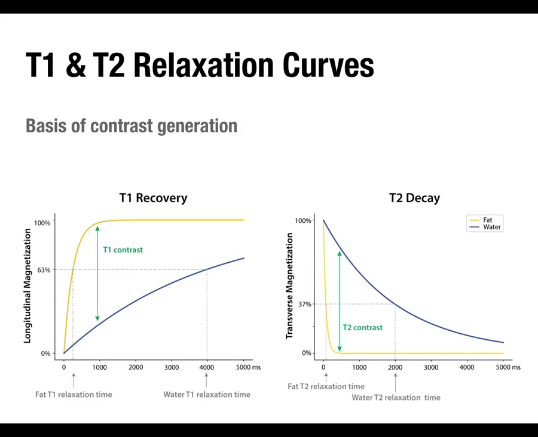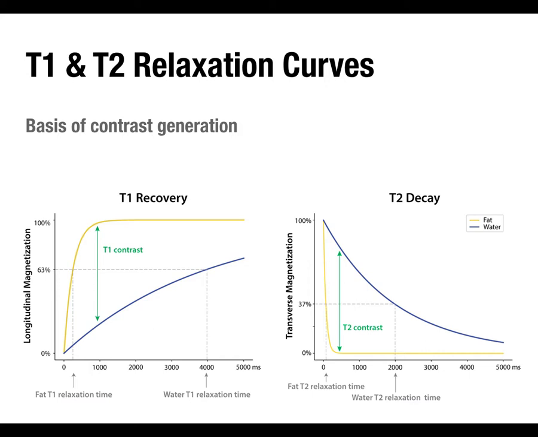Fat has faster recovery and decay times because fat tends to be quite densely packed. There are hydrogen protons in it, but lots of other kinds of atoms as well that aren't necessarily absorbing the RF energy directly because that's tuned to the protons. But once the protons have it, they can release it to this matrix around them.